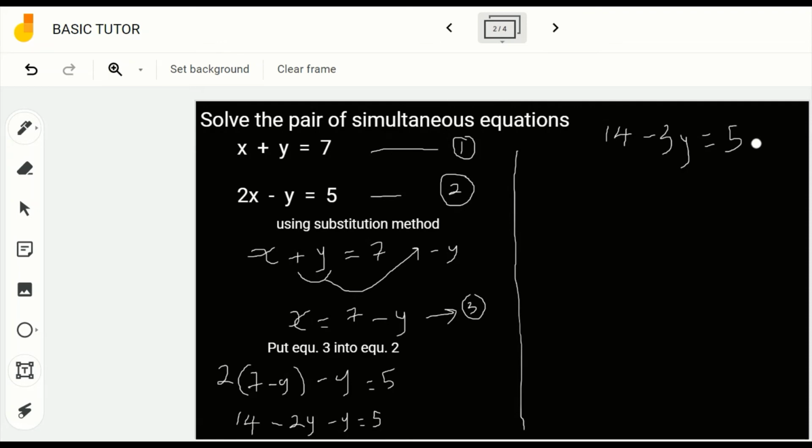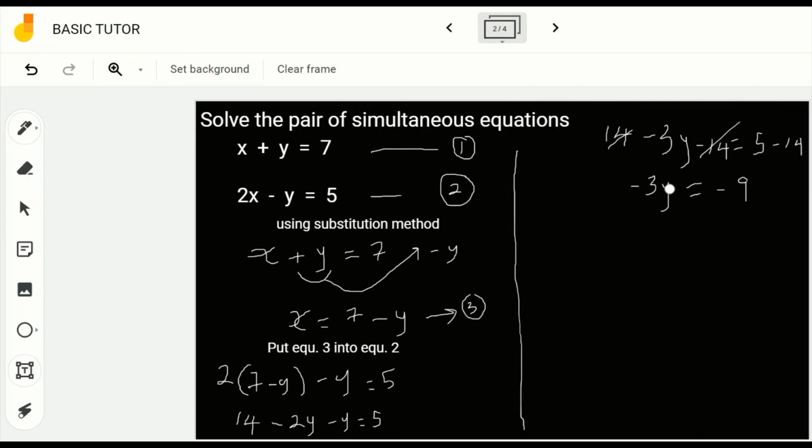So 14 minus 14 cancels out, and I am left with negative 3y equal to 5 minus 14, which gives us negative 9.